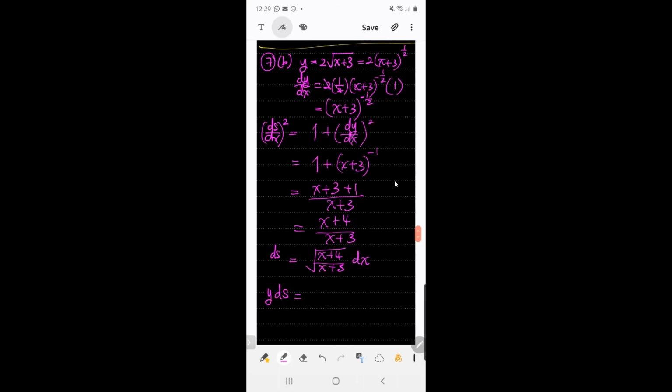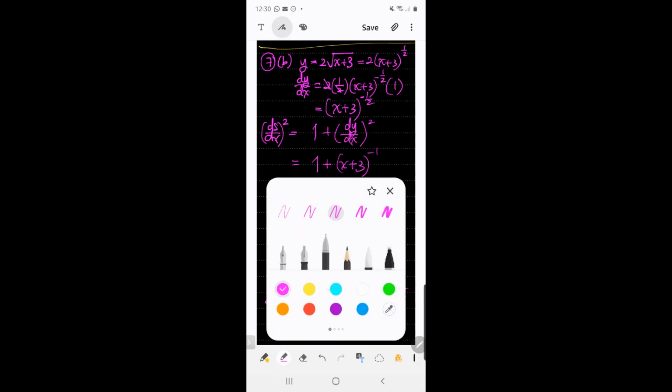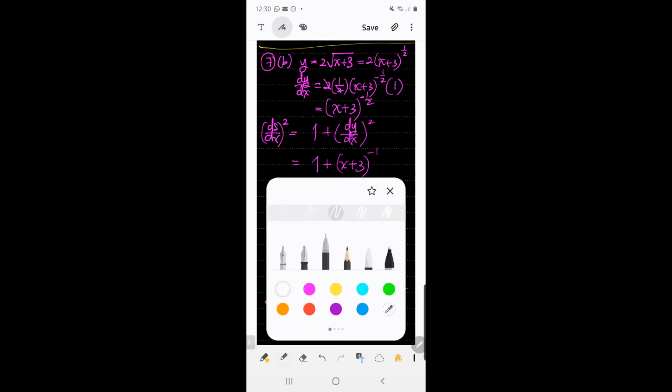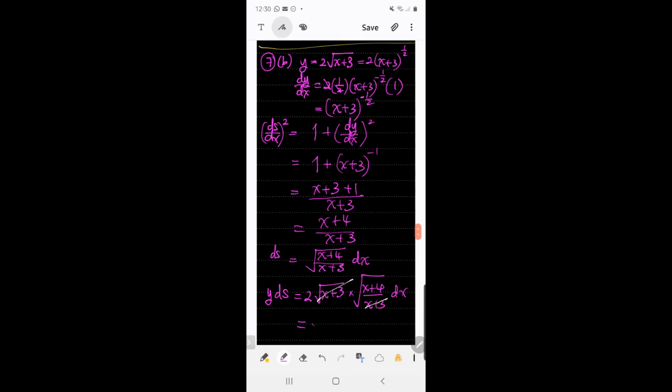So y ds means you use the expression for y, 2 times square root of x plus 3, multiplied by the ds that you obtained just now. So you have x plus 4 on top, x plus 3 at the bottom. Take note that the square root of x plus 3 can cancel out with the x plus 3 at the bottom. Therefore, you have 2 times (x plus 4) to the power of half dx.